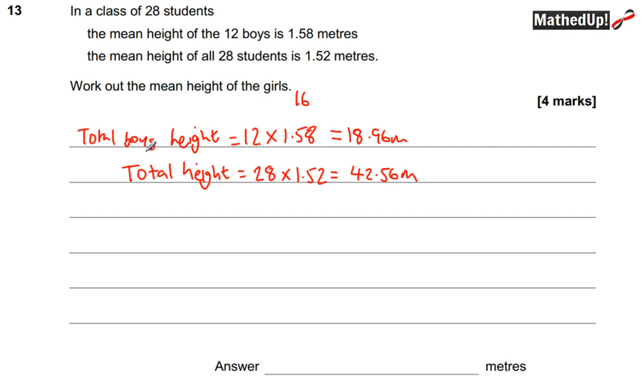Okay, so we know the total height altogether is 42.56. I know the total boys' height is 18.96.